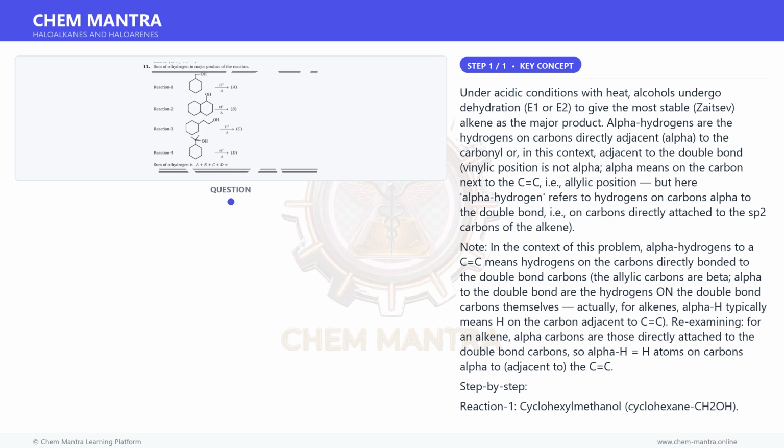A. 1-Methylcyclohexene, alpha H is equal to 2 at C6, plus 2 at C3, plus 3 for methyl, is equal to 7. B. Octalin from decalinol, alpha H is equal to 9, multiple adjacent CH2 groups in the bicyclic system.